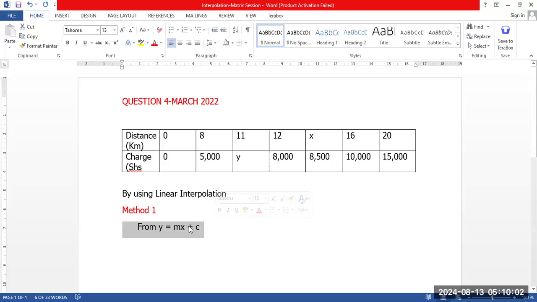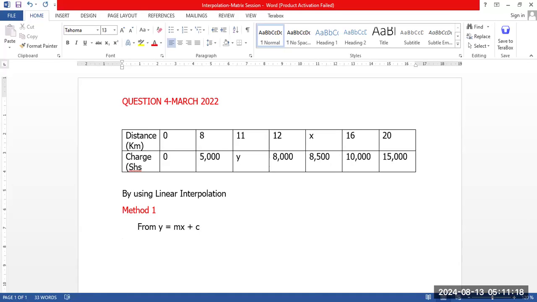Once you have this linear relationship, you can determine any missing figure. In this linear equation, all you need is to first get m, that is the gradient. Then after getting m, you will need to get c. Once you get m and c, you will have the relationship between y and x.